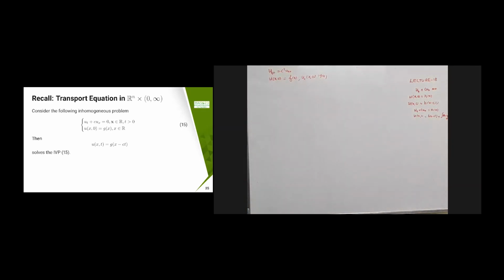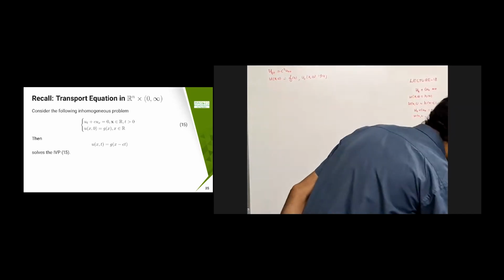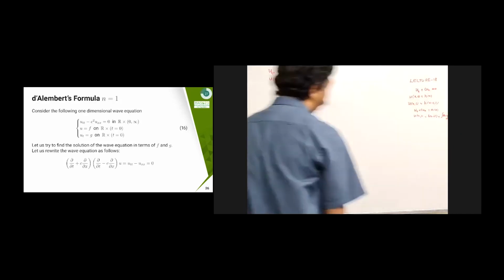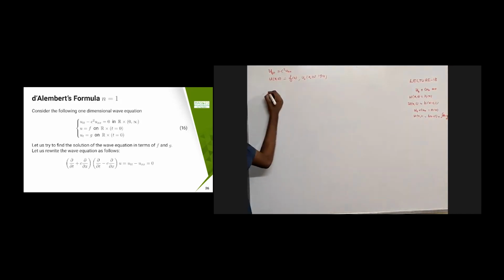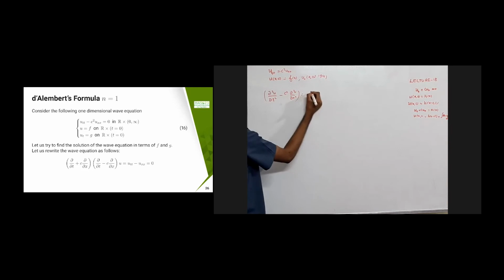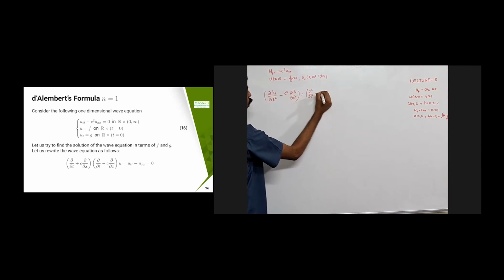Now I am going to use this property to solve this problem. Let us see how to solve. I can write this problem as the second derivative of u with respect to t minus c squared times the second derivative of u with respect to x. This I can write as (dou square by dou t square minus c square dou square by dou x square) of u.